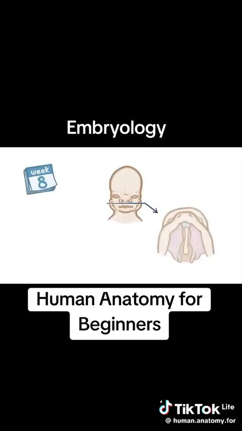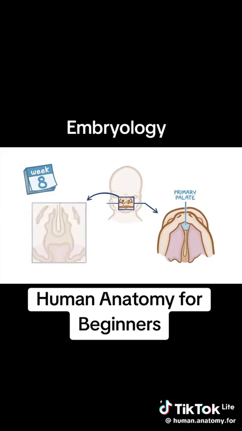Alongside this, a triangular plate of tissue, the primary palate, grows from the back of the intermaxillary segment and extends till it reaches below the incisive foramen of the skull. The maxillary processes then develop a pair of shelf-like processes called palatine shelves, which grow vertically downwards on either side of the developing tongue.